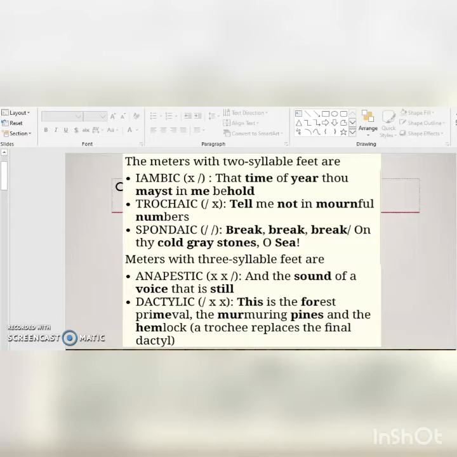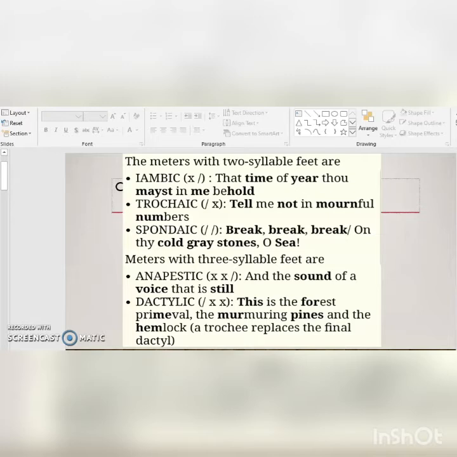Step number 2. Then you will divide the line into syllables. For example, shall, I, com, pare, thee, to, a, sum, mer's, day. So there are 10 syllables. Each foot has 2 syllables, so it would be 10 syllables and 5 feet.